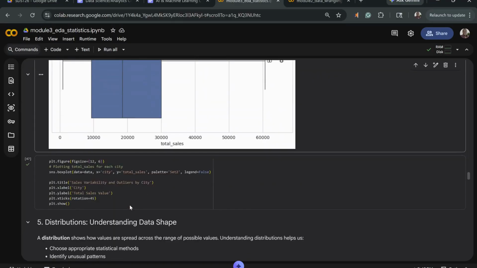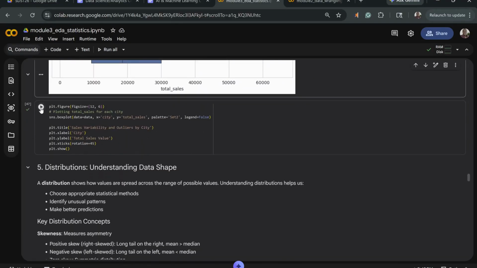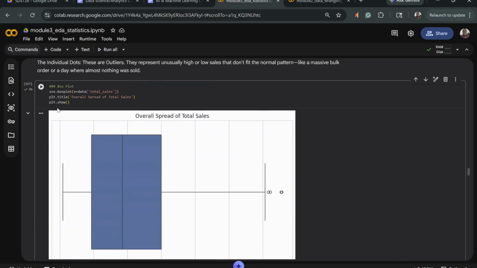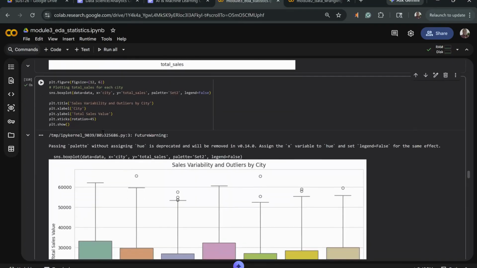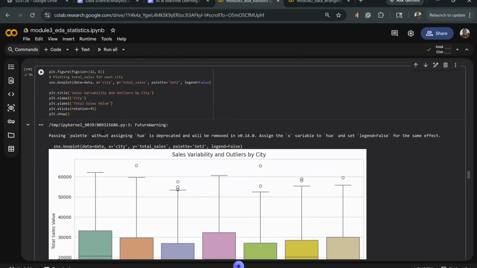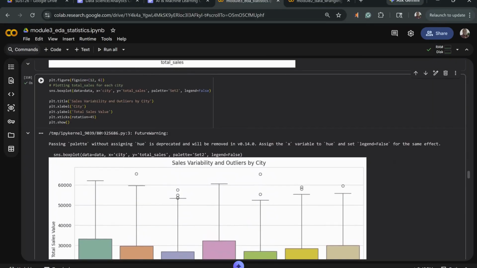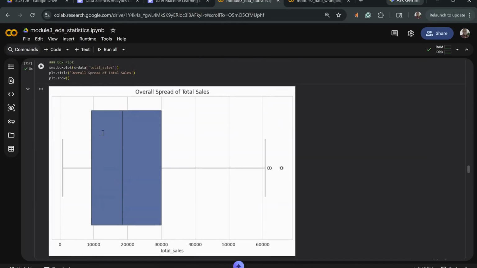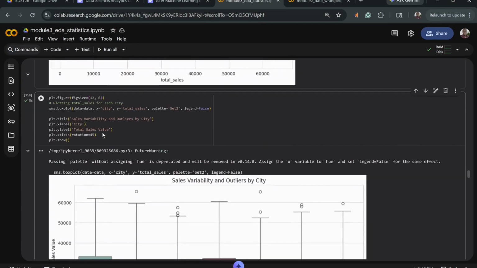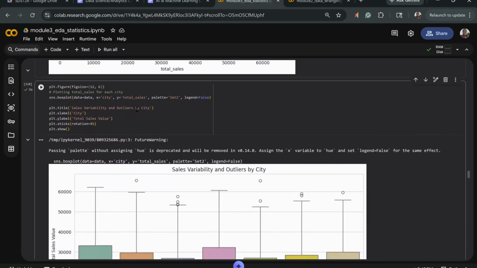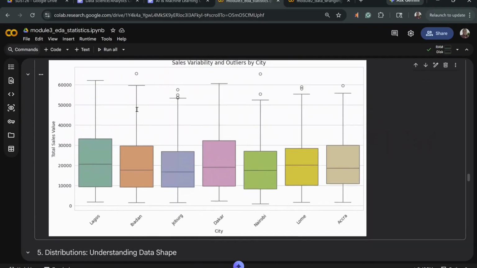We can also check this using Seaborn, and we can also check using the matplotlib library here. Here we are checking multiple cities. X is city, Y is total sales, so we are checking different city categories by their total sales.